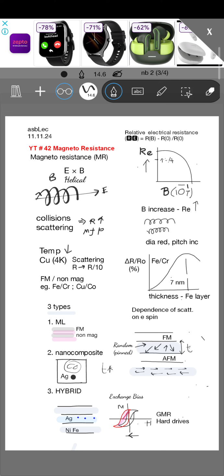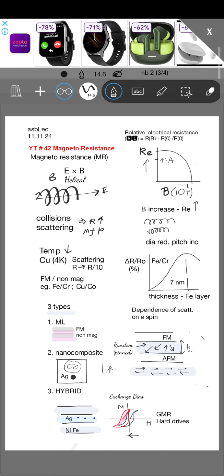We are creating a higher pitch, and the radius or diameter of the helical path goes down. So there is a diameter reduction and a pitch increase. That actually causes a decrease in the relative electrical resistance.